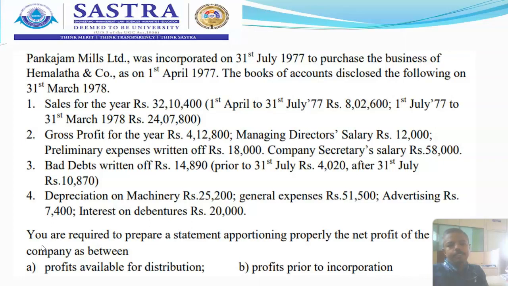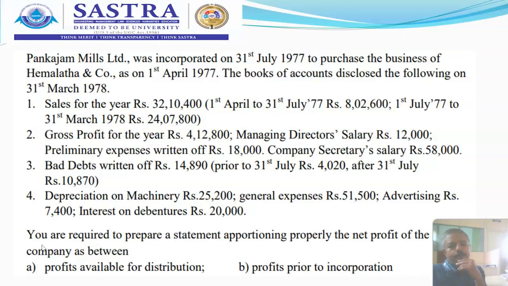Here they say the company is incorporated as Pangajam Mills Limited on 31st July. Please make a note. Whatever period is there before this date is called the pre-incorporation period, and any period after this date we can call the post-incorporation period.